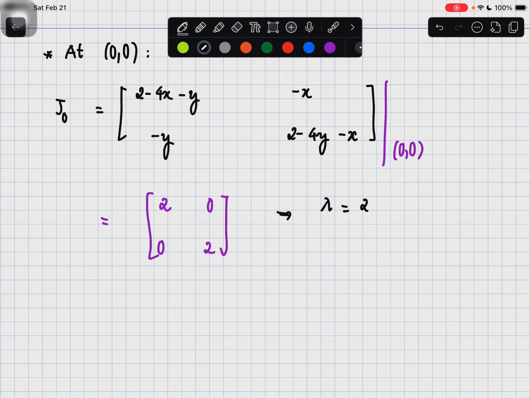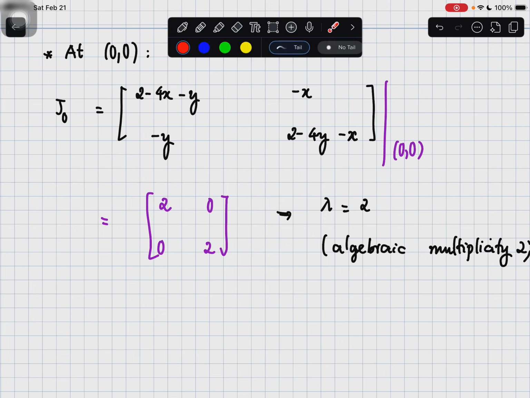Lambda equal to 2 with algebraic multiplicity two. So this is the special case where we have repeated real eigenvalues, lambda 1 equal to lambda 2 equal to 2.